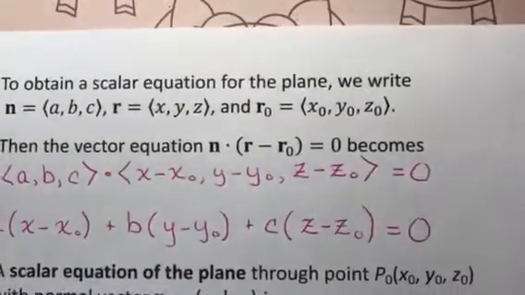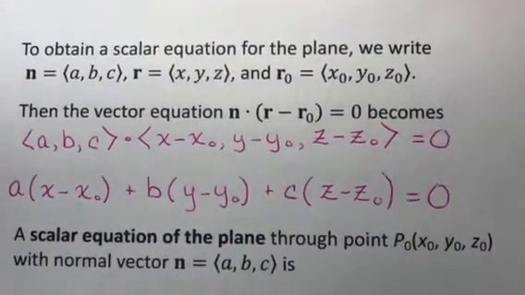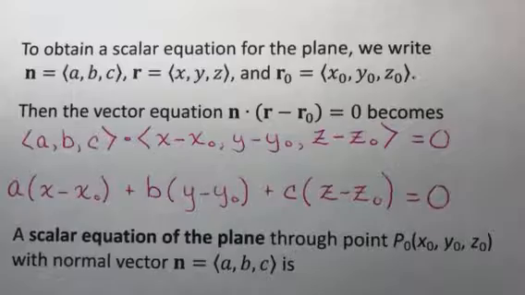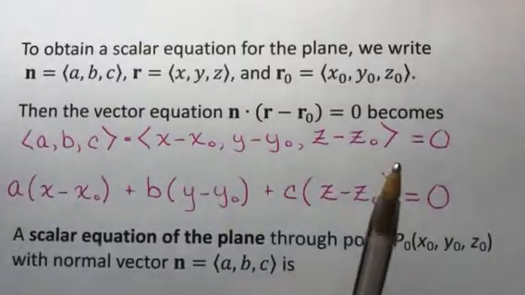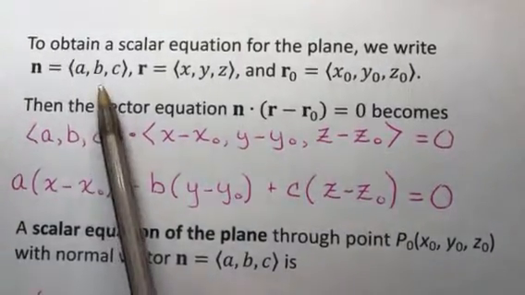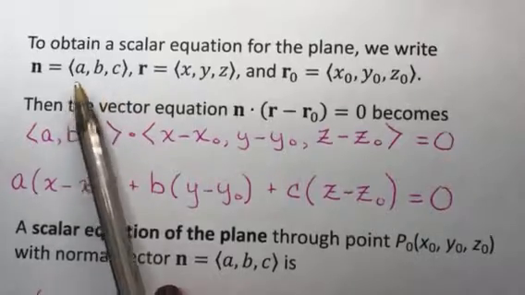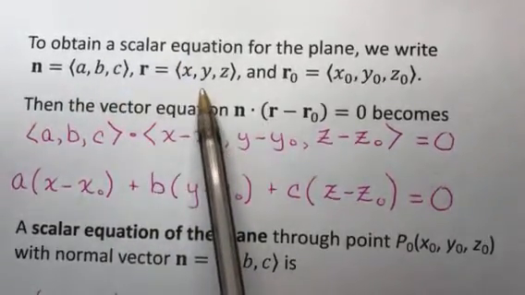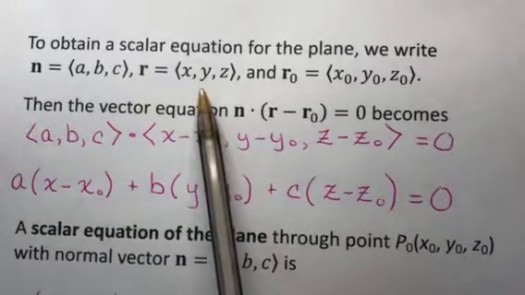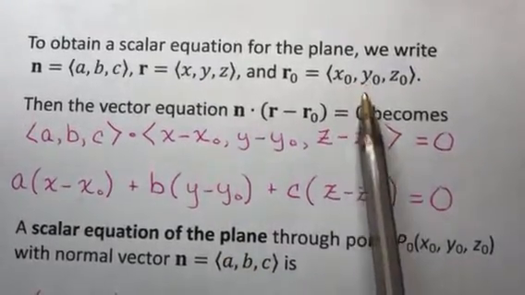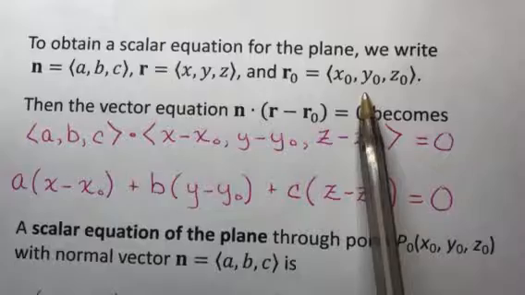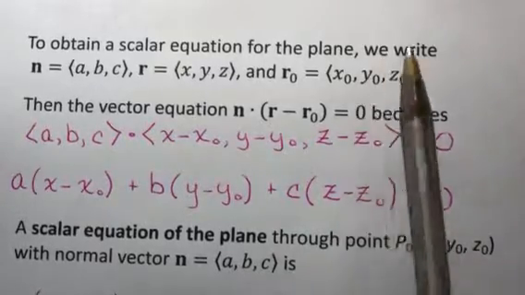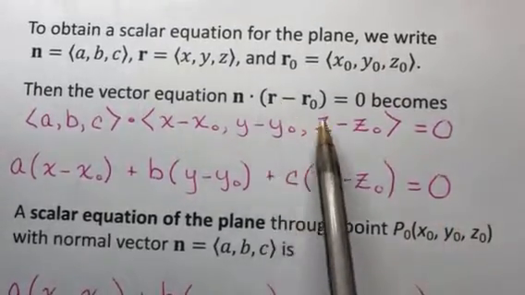So to get a scalar equation, one that we could actually work with, I'm going to start with, let's say the normal vector is the vector ABC, or we said R is going to be the vector to XYZ, and R sub 0 is the vector that goes to the initial point. Okay? So, this was our equation, right?